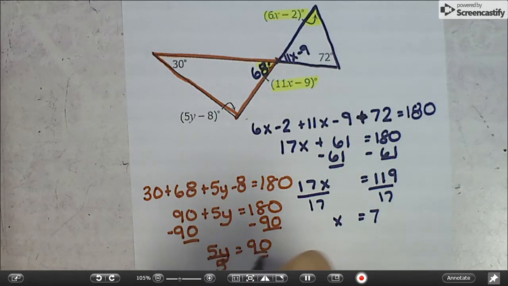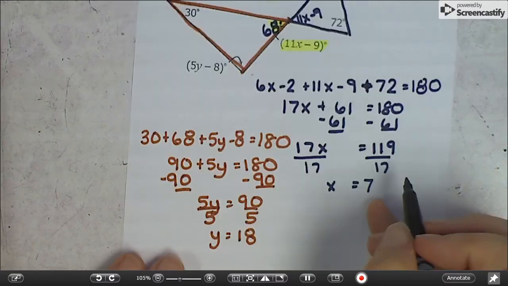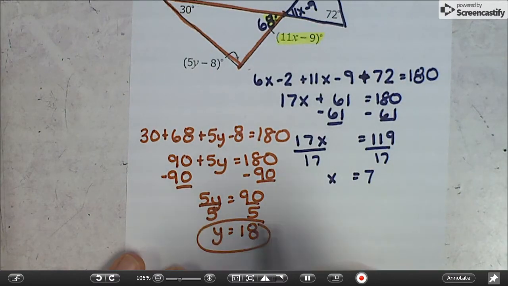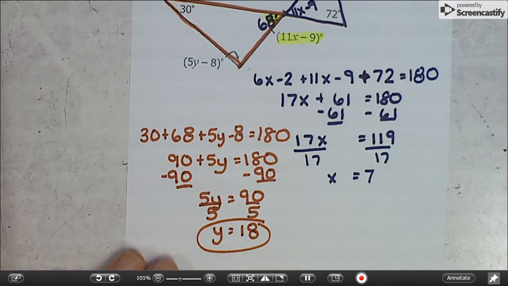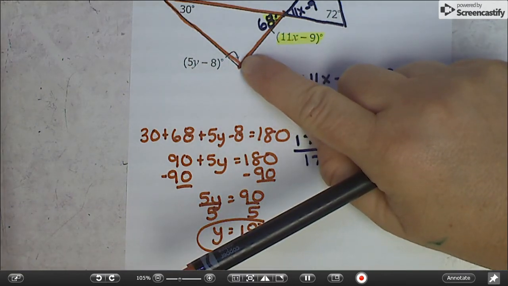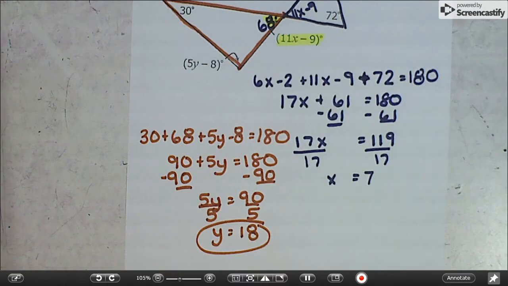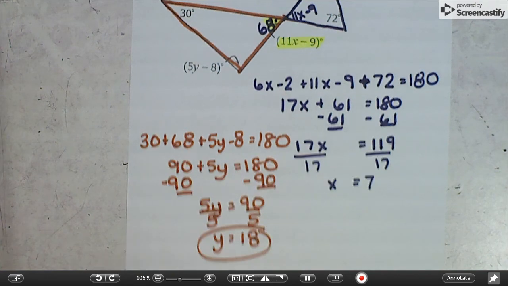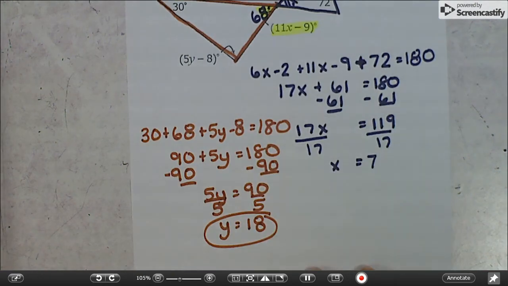Now I'm just solving the equation. You should always pause the video while I'm solving so you can solve and make sure you know how. So that would leave y equaling 18. And if we wanted to know the measure of this angle, then we would simply plug it in. That's basic triangle sum theorem. All right, bye.